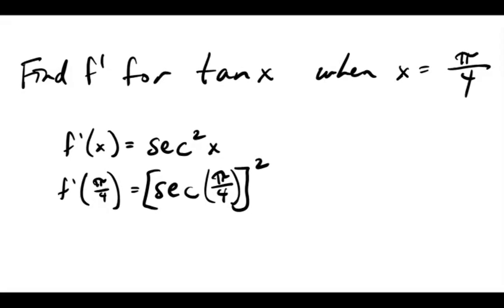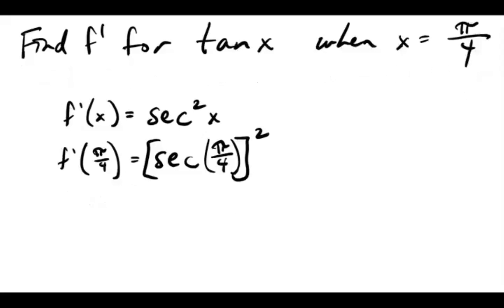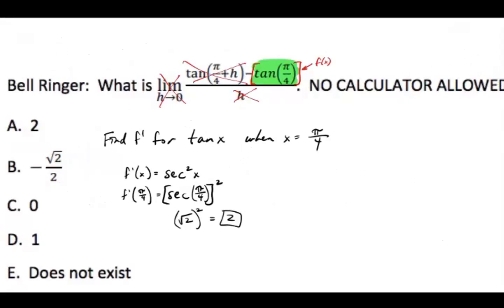Secant of pi over 4 is root 2. So this is root 2 squared. And what is root 2 squared? Just regular old 2, right? Done. Letter A.